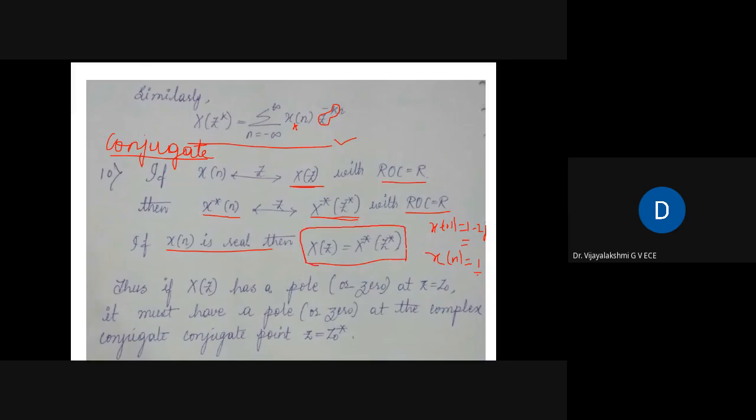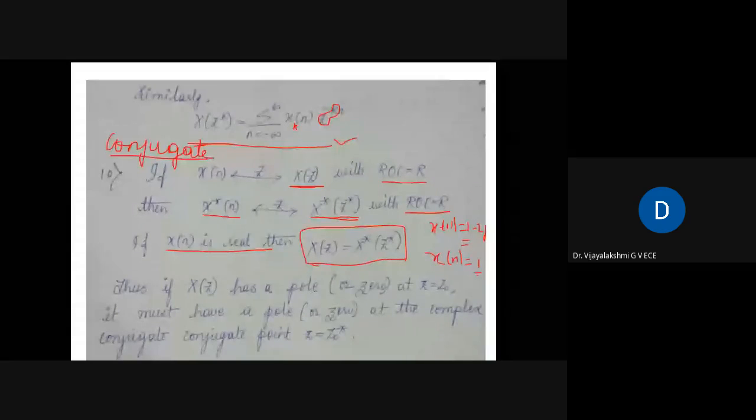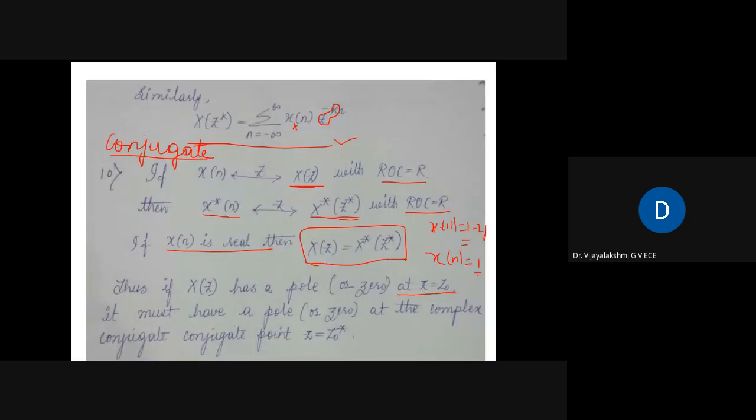That's it. Now what is the meaning of this? It says if x of z has a pole or a zero at z equal to z naught, then it should also have a pole or zero at its complex conjugate, that is z equal to z naught conjugate. That's it. So it is applicable only for complex signals.